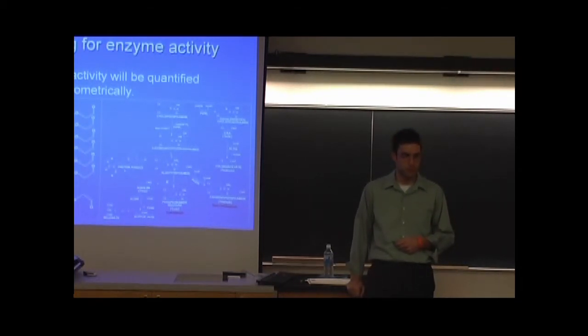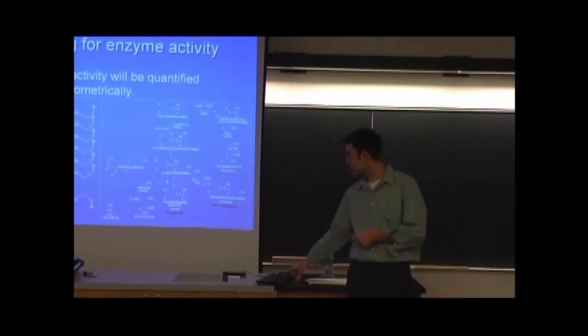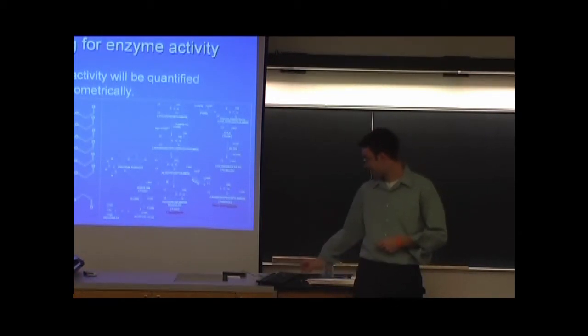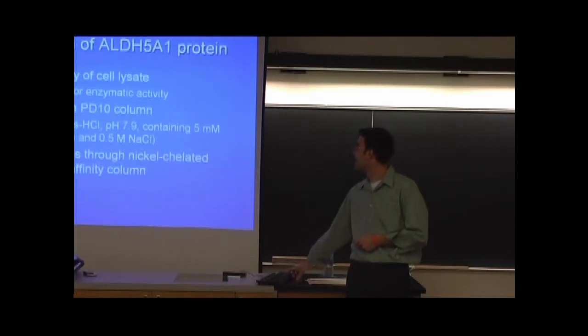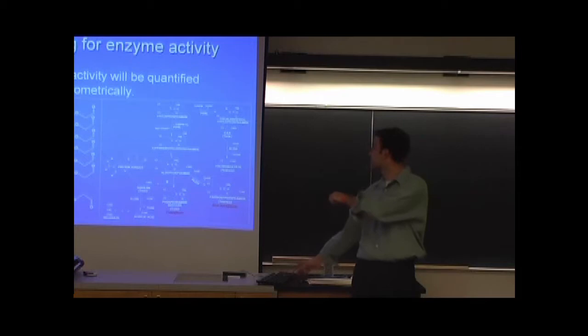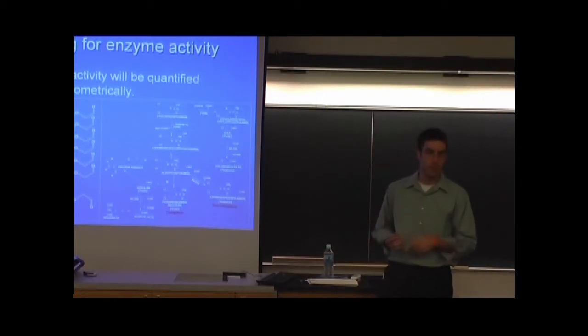I have a couple questions about 5A1. Where is that localized and why have it? I mean, how many isoforms are there for aldehyde dehydrogenase? There's 17 different isoforms. So why do you need 5A1? Why can't the other 16 pick up the slack? Well, are you talking in regards to this reaction? In general.